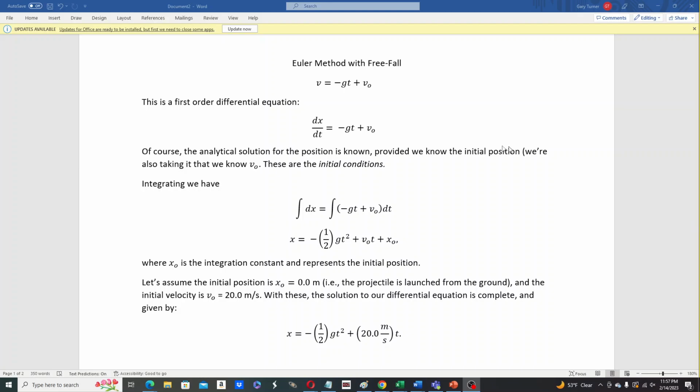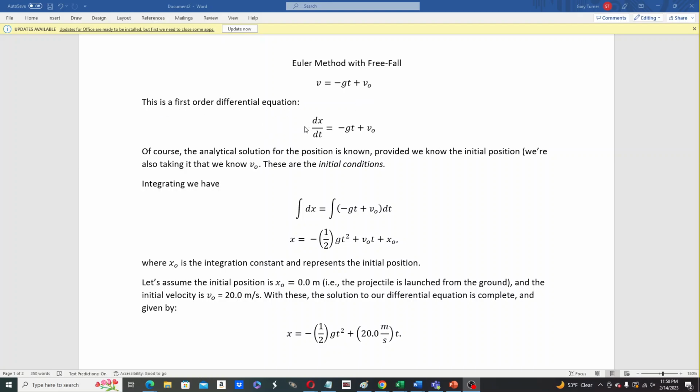We're going to start with free fall, and in terms of the velocity equation, if I launch an object upward with an initial velocity v naught, then its velocity at any given point in time is given by this equation: v equals negative g times t plus v naught, where t is our time parameter, g is the gravitational acceleration of Earth, and v naught is our initial velocity that we're launching the object with.